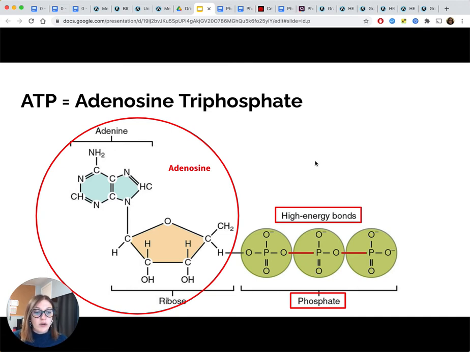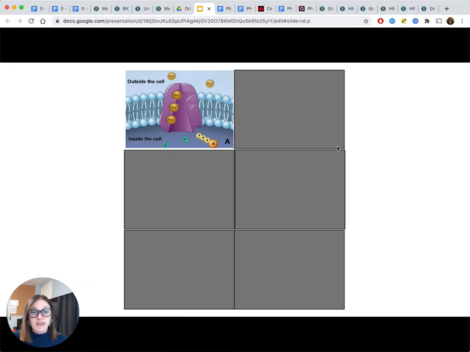Usually only the outermost bond breaks, between the 2nd and the 3rd phosphate, to release energy or spend energy for cellular work. So what is an example of how this works? How is the ATP molecule used for energy? Well, we've learned about the sodium-potassium pump, which is an example of active transport, where molecules have to spend energy in the form of ATP to push molecules against their concentration gradients.